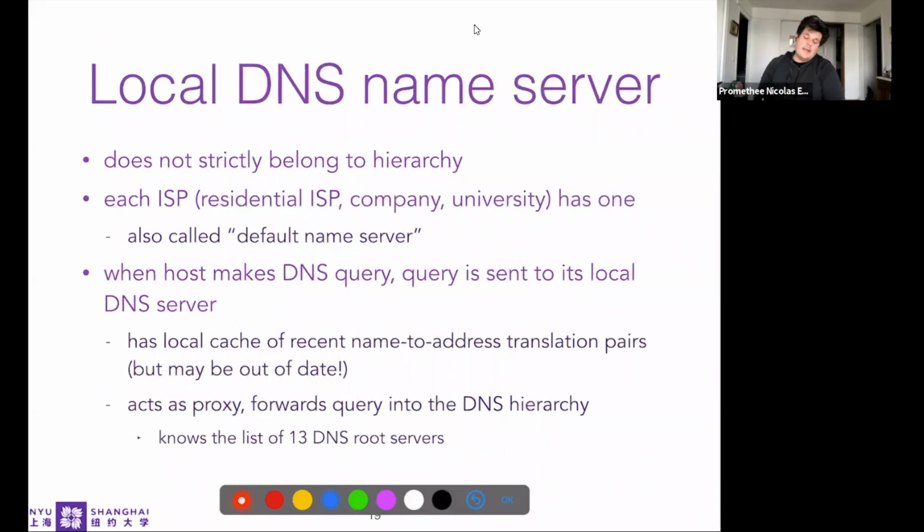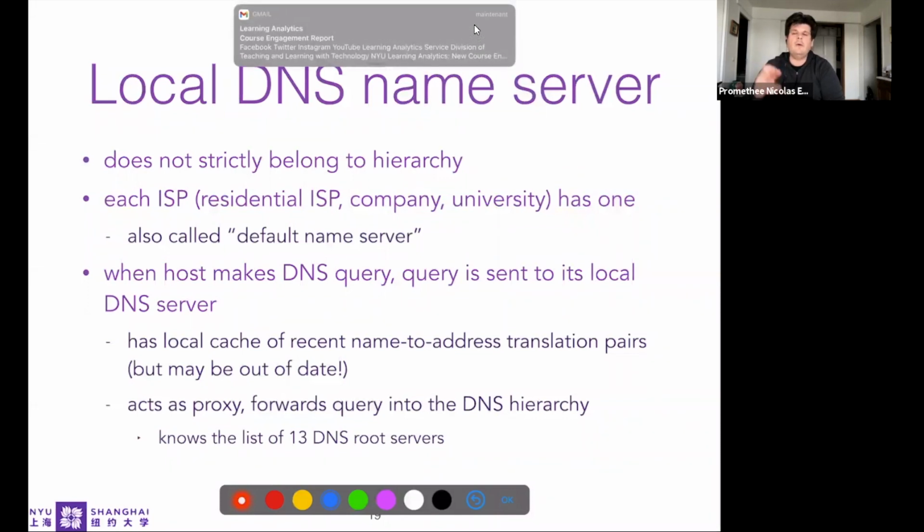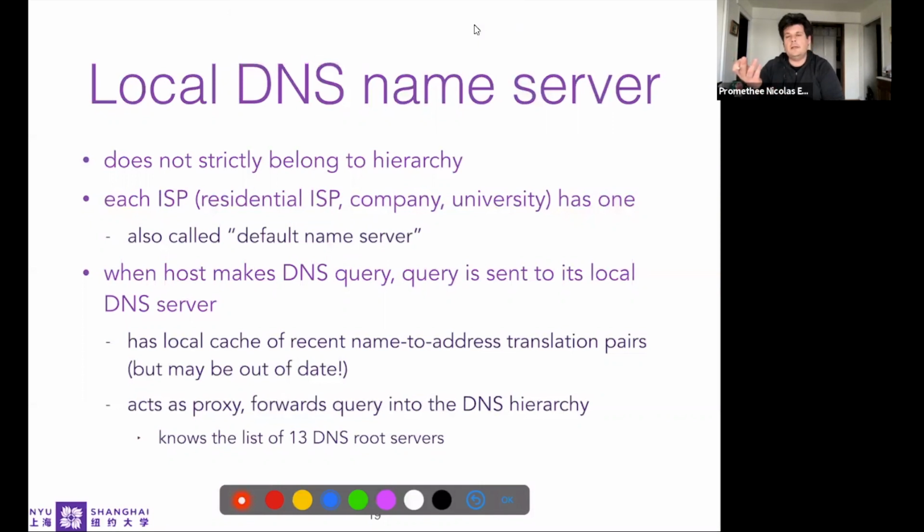On top of this, I already said that as a client, you're not supposed to go bother the root. Otherwise, the root will be overwhelmed. So this is not per se part of the DNS servers. This is more of a proxy that you put in between the clients and the root servers. Instead of sending your query right away, you're first going to go through a default DNS server. You may ask, how do I know about my local DNS?